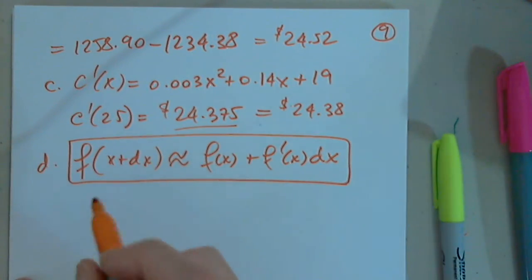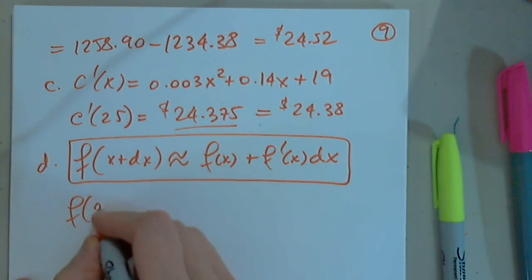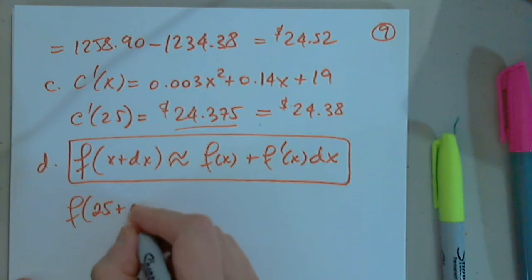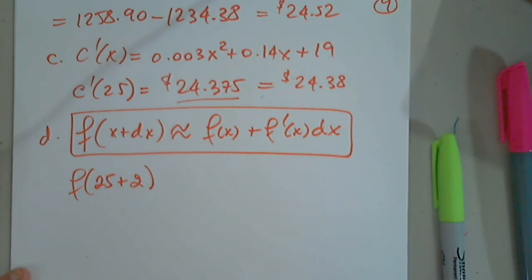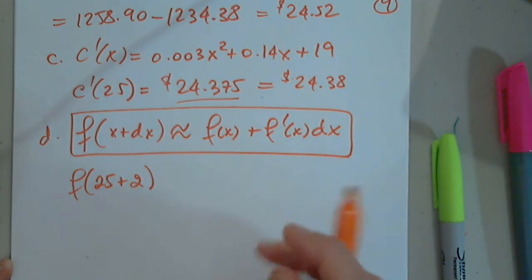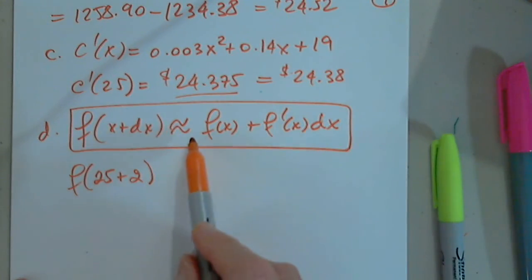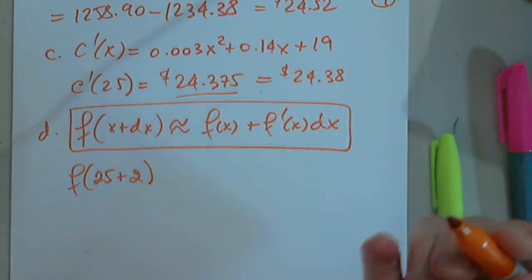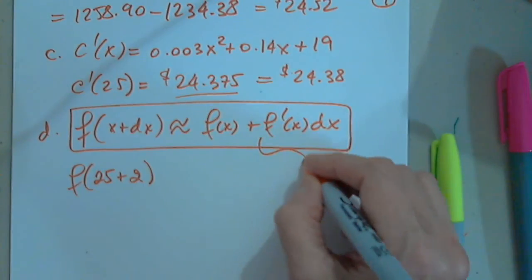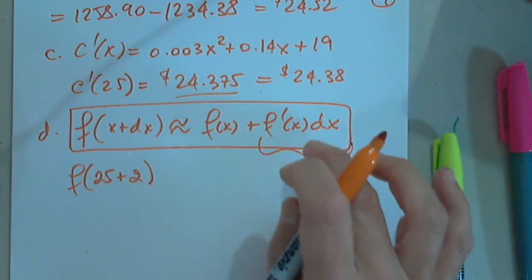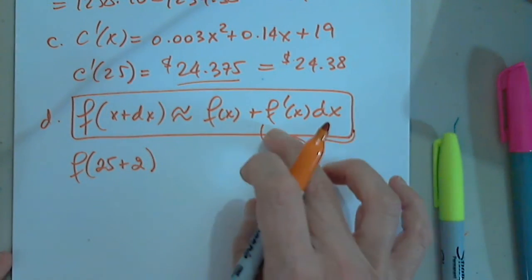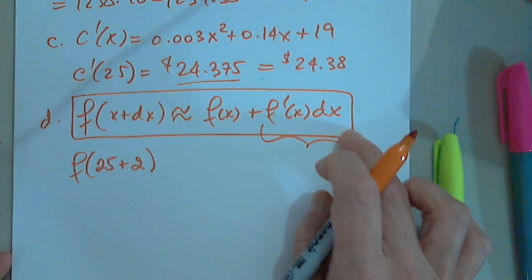So we're asked to approximate 25 plus 2. They want us to determine the difference between 25 and 27. I can use this, but what I'm really asked to determine is this piece, with x being 25 and dx being 2.